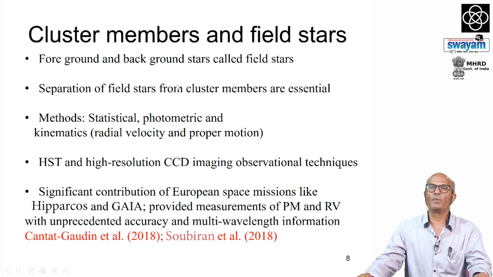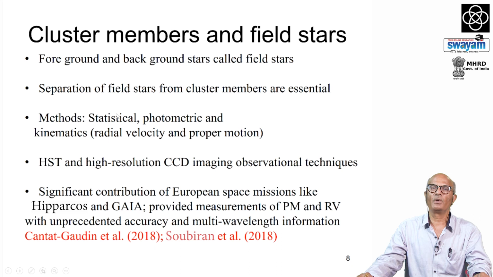Before we derive any property of the star cluster, separation of field stars from cluster members is essential, because if we have to study the properties of the cluster, then this separation is essential. For this, what is the method? There are various methods used in this process. One is called statistical. This method assumes that around the cluster region, the distribution of field stars is uniform.